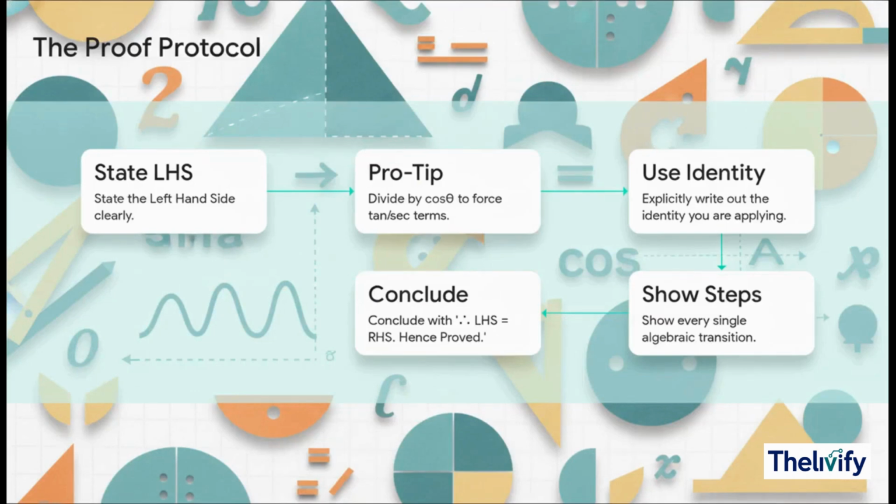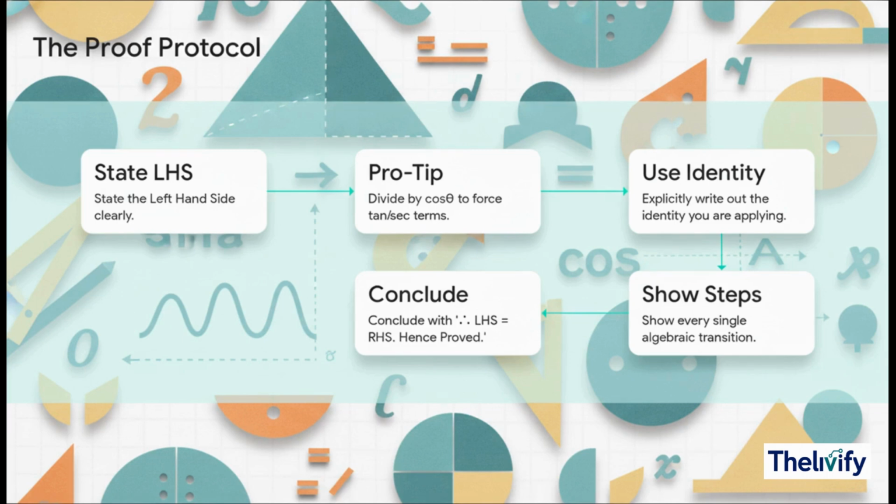Okay, let's talk actual execution. If you stick to this rigid step marking protocol, you guarantee that every single logical thought gets you a fraction of a mark. Step 1, always write out the left-hand side, the LHS, clearly before you start moving things around. Step 2 is my favorite pro tip. If you're staring at a really complex fraction, try dividing the numerator and denominator by cosine theta or sine theta right out of the gate.